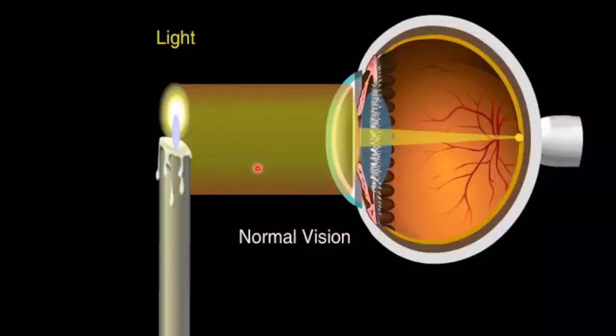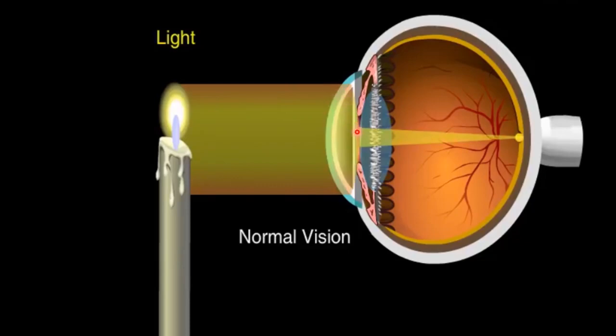Okay, so let us see, suppose this is an object and light is coming from the object. Light is falling on this much broader area, but it can go through this tiny hole. Here the cornea helps the light to refract.